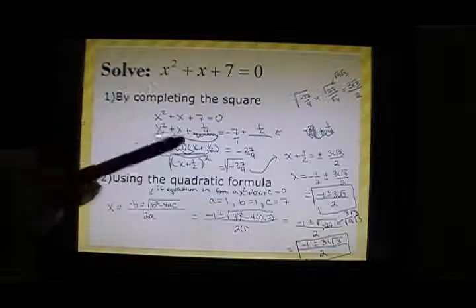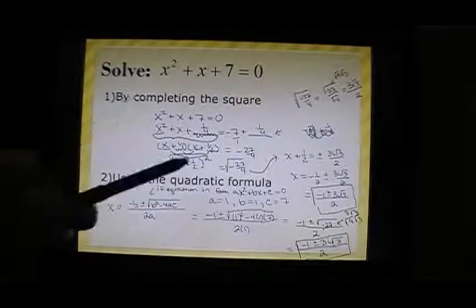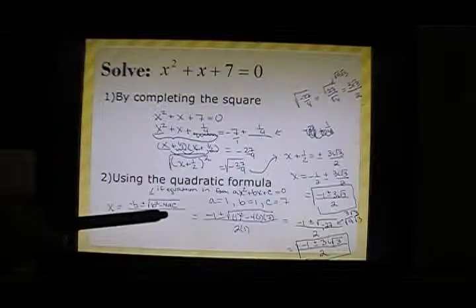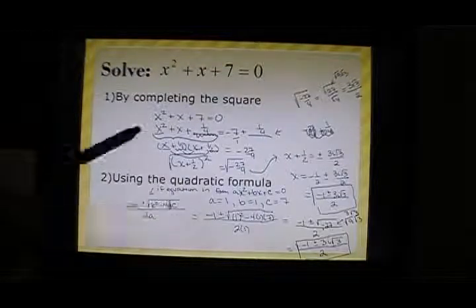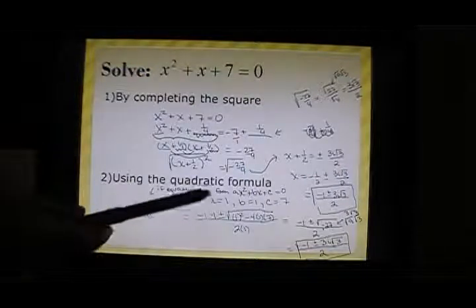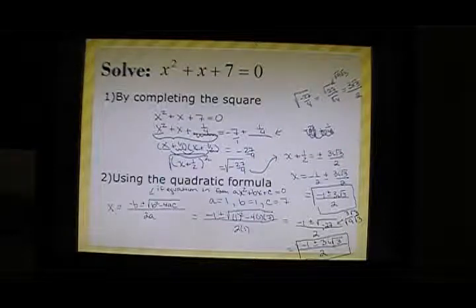Sometimes it's going to be that completing the square is much more efficient and a lot faster than the quadratic formula, and other times it'll be the opposite. So, some people always want to go to the quadratic formula, and you can, but do keep in mind that there are other options that can be time-saving if you do work on those methods.